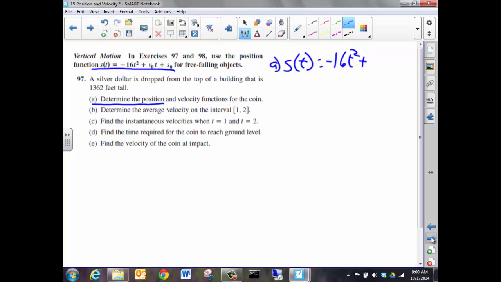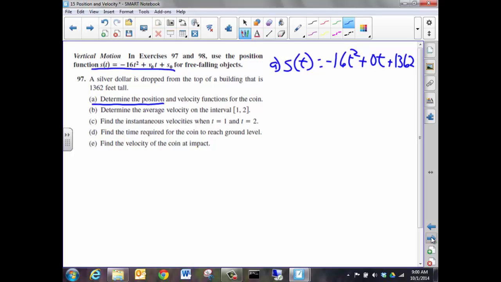What's its initial velocity? It's 0. It's being dropped, so it'll be 0t. Now, you don't have to write that there, okay? But I'm writing it so you know that I'm not crazy here. Plus s sub 0. Where did it start out at? 1,362. There's my position function.